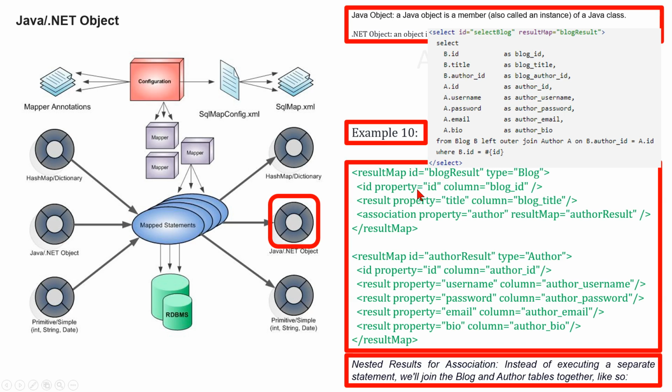In the example here, you can see the blog's author association delegates to the author result map to load the author instance.